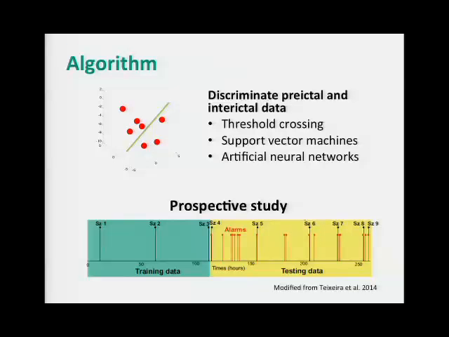We will try several values for the parameters, and because for the training dataset we know the result, we know if this is preictal or interictal, we will select the parameters that give us the best performance.